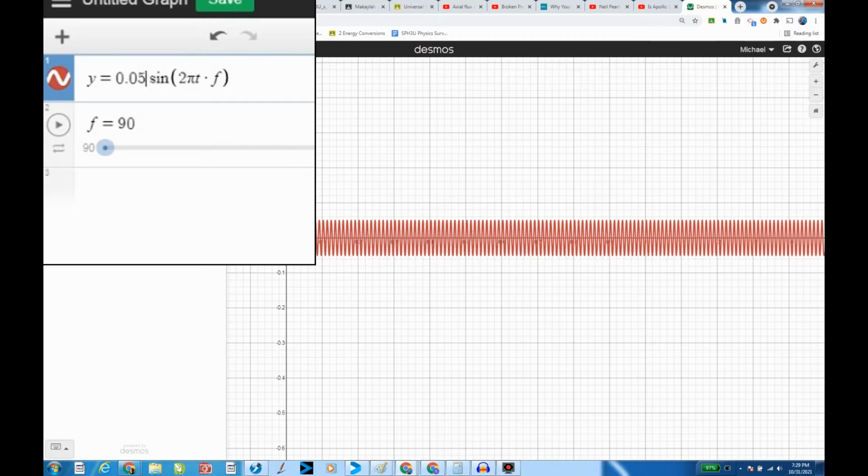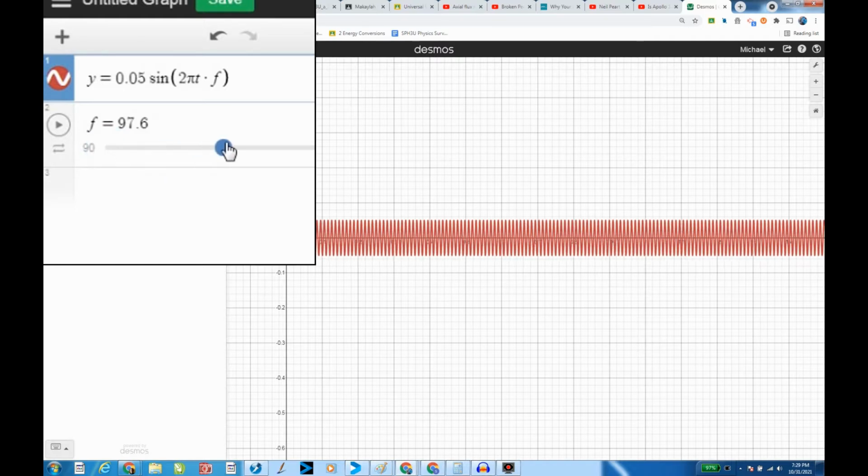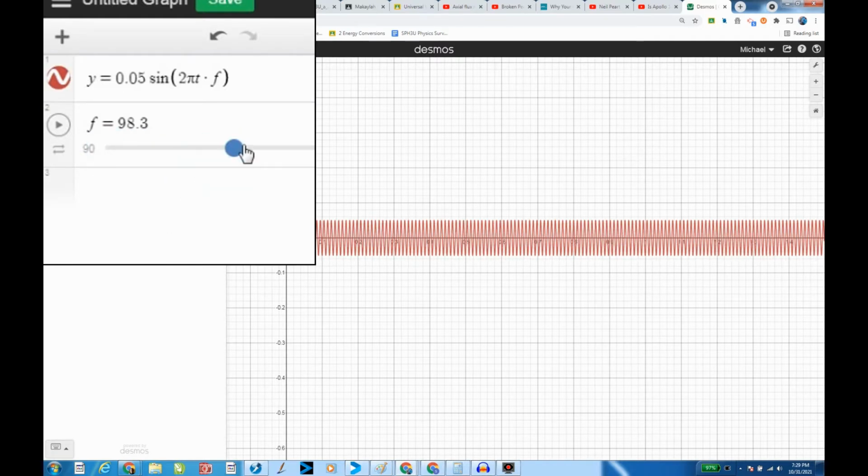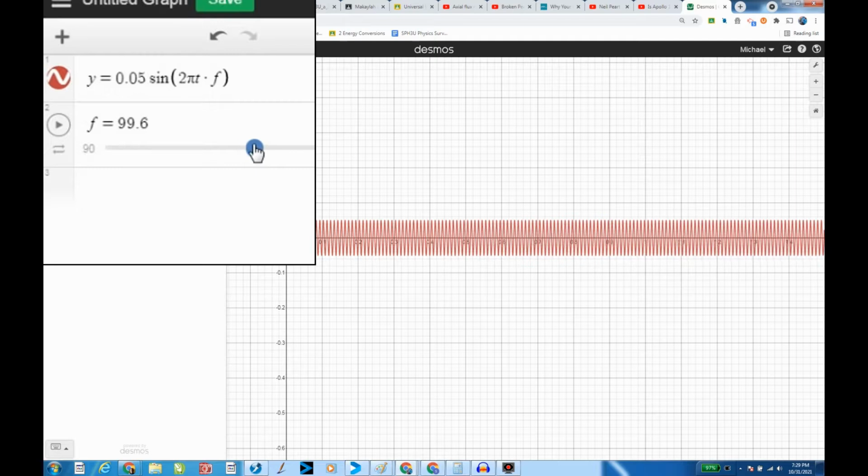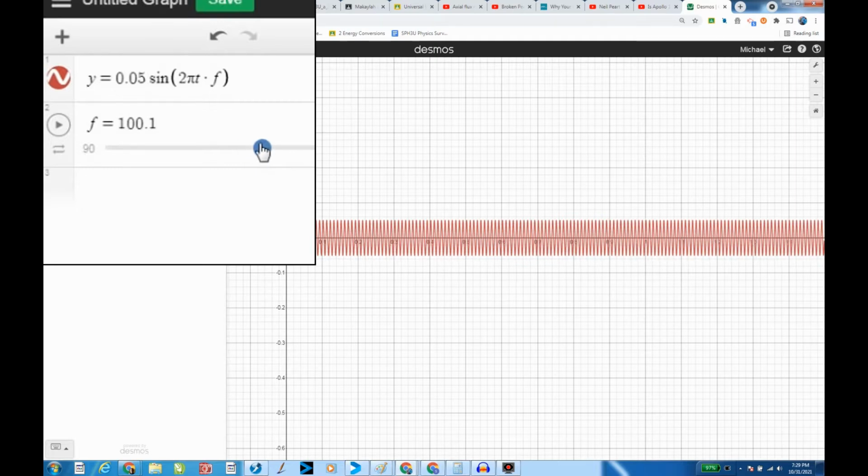All right, now I want to compare it to another wave. We're going to make a fixed wave that has a frequency of 100. To do that, we're just going to go y equals 0.05 sine.